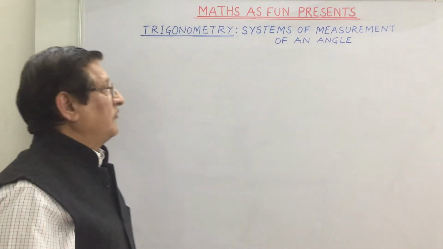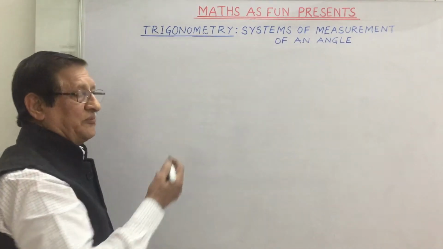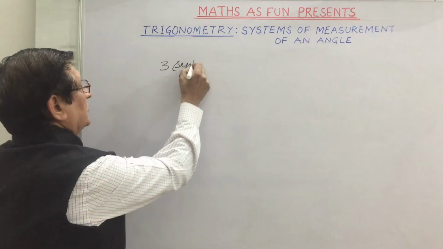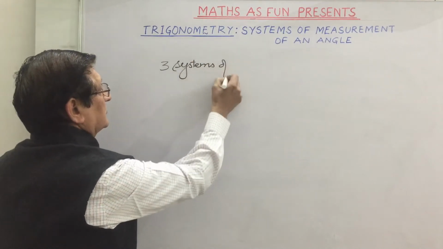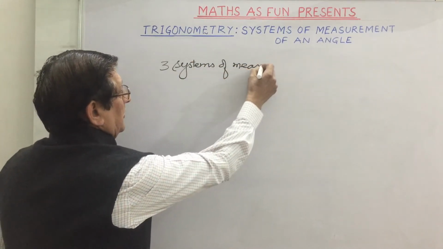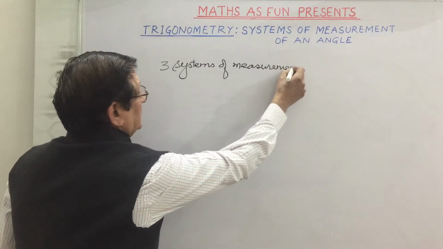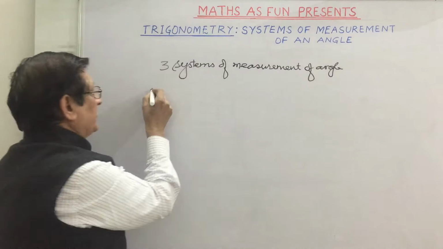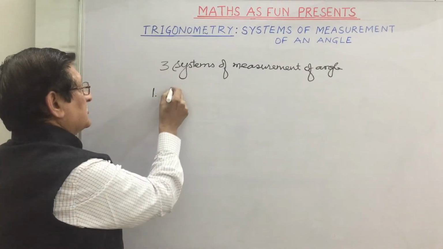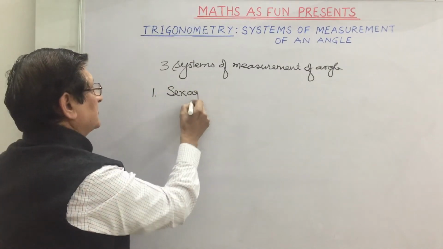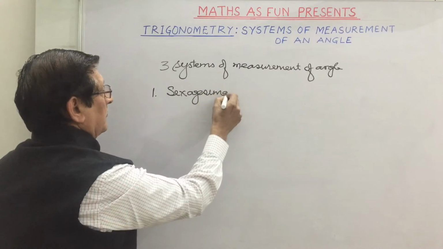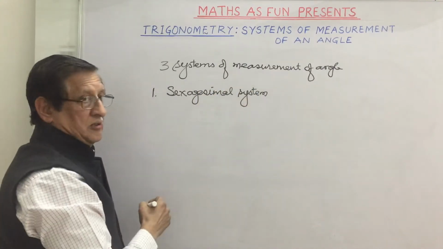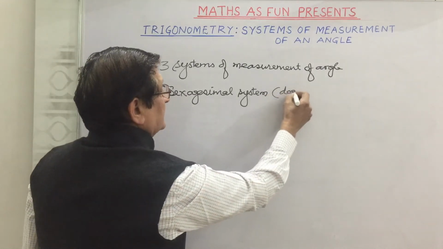Here we see we have three different systems of measuring the angle, and these three systems are three systems of measurement of angle. They are: number one is known as sexagesimal system, which is also known as degree system.